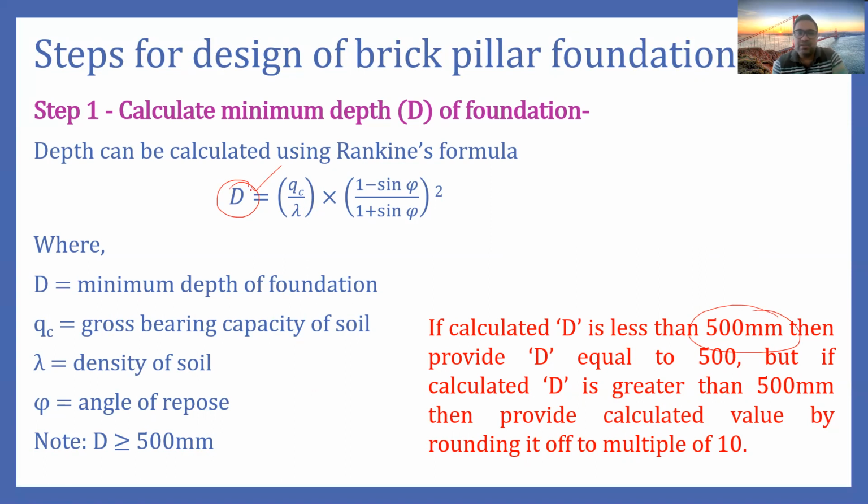By chance, if the calculated D is less than 500 mm, we will simply adopt the depth of 500 mm. If it is higher than 500, then we will adopt the calculated value. That is what we have to consider in the first step.